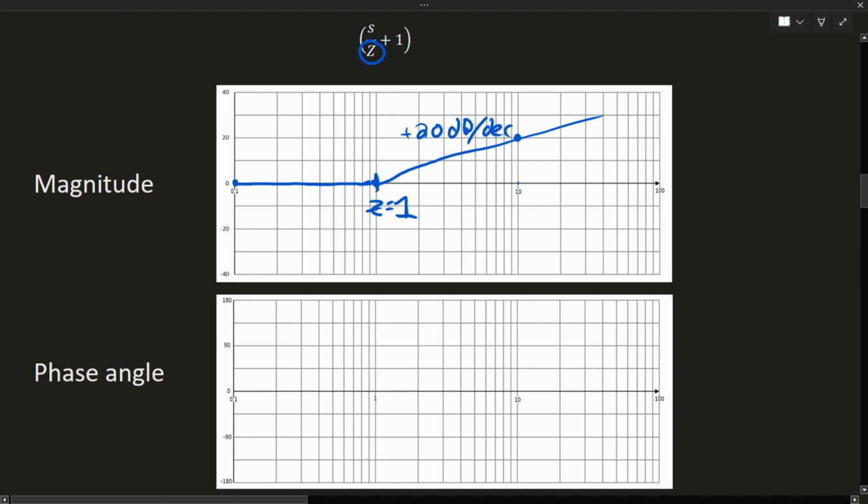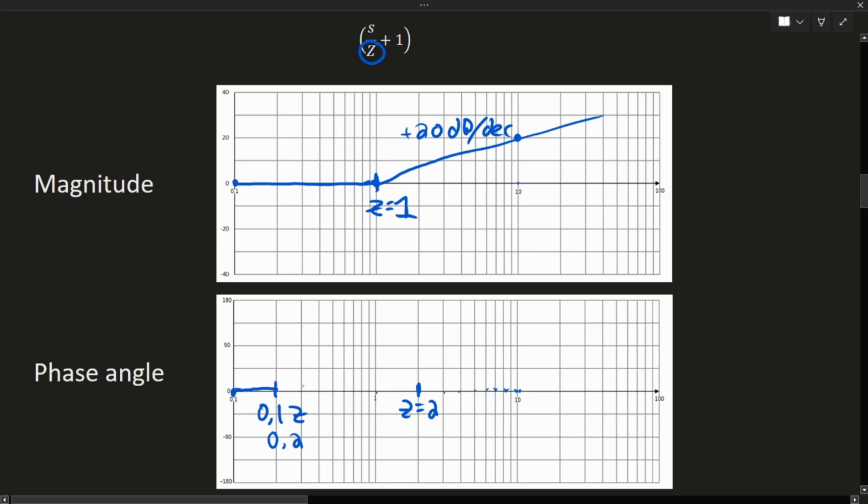For the phase angle, let's say again our z is, for example, 2. All right, here's 1, 2, 3, 4, 5, 6, 7, 8, 9, 10. If it's 2, it's 0 up until 0.1z, or the 10th of z, which would be 0.2 in this case.